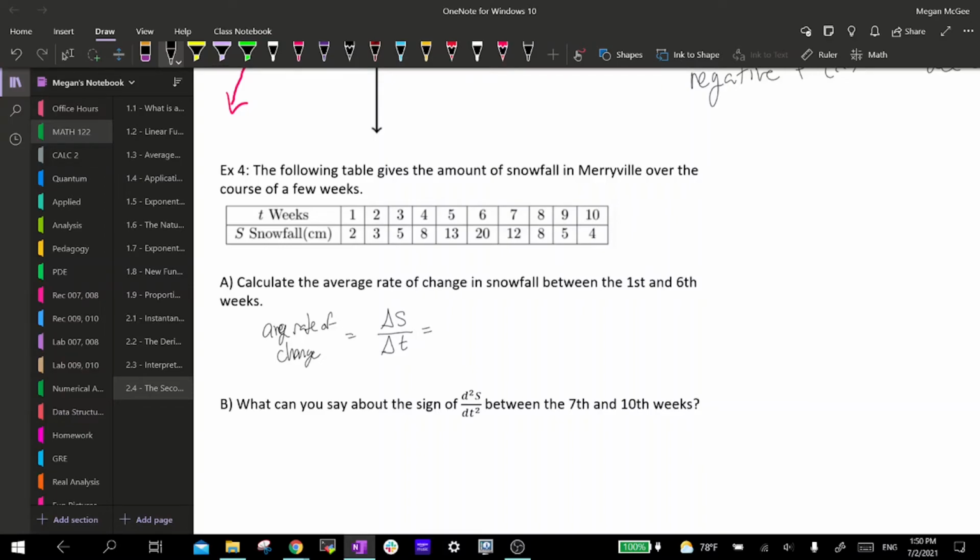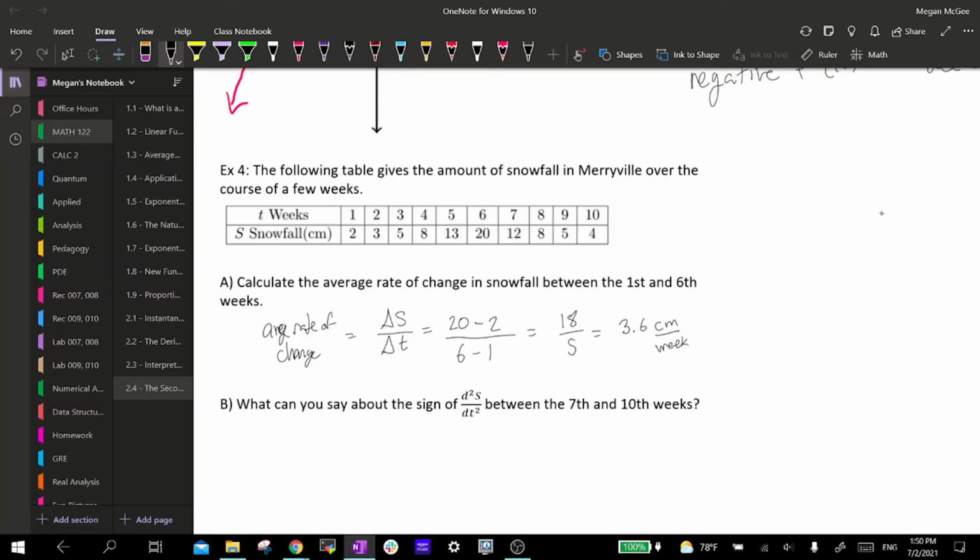So our change in snowfall would be from the 6th week we had 20 centimeters of snow, and in the 1st week they only had 2 centimeters of snow, so we're looking at 18 over 5, which is about 3.6, and if we wanted our units, that would be centimeters per week.